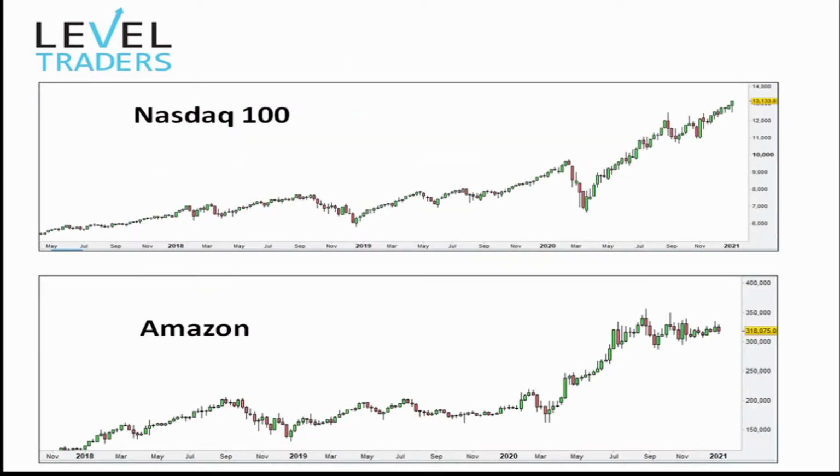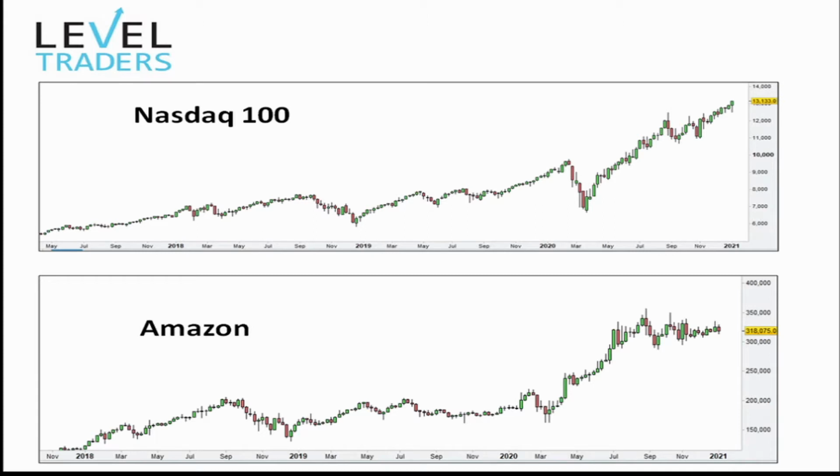Let's have a quick look at a couple of typical examples. I've got two candlestick charts here. One is the Nasdaq 100, the US index, and the second one is Amazon, which is a component of the Nasdaq 100. The first thing that jumps out is obviously the red and the green candlesticks. As we said, you can see where buying and selling occurs straight away.